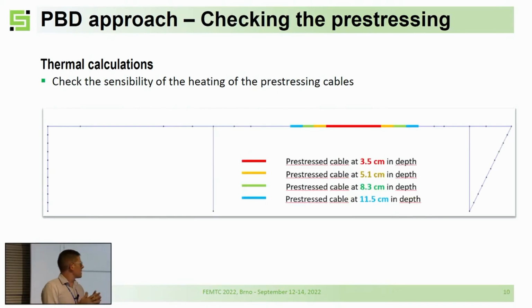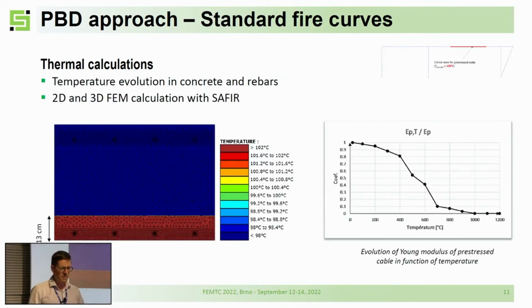We will check this heating at different depths into the concrete, starting from 3.5 centimeters until 11.5 centimeters in depth. So we start with the thermal calculation. We always start with isofire calculations. We can rely on some results, and we can quickly understand if the calculation is correct or not.